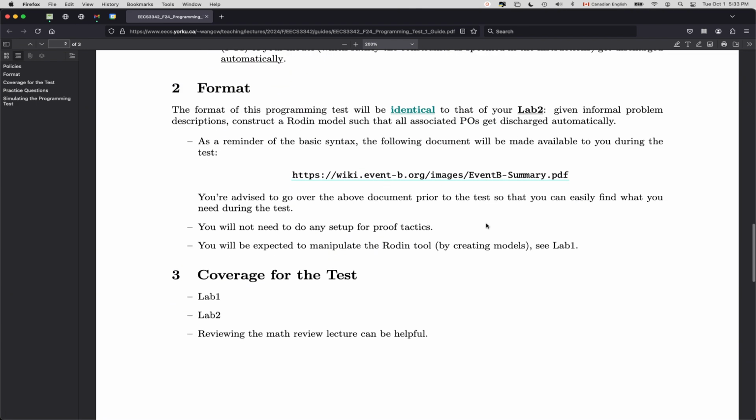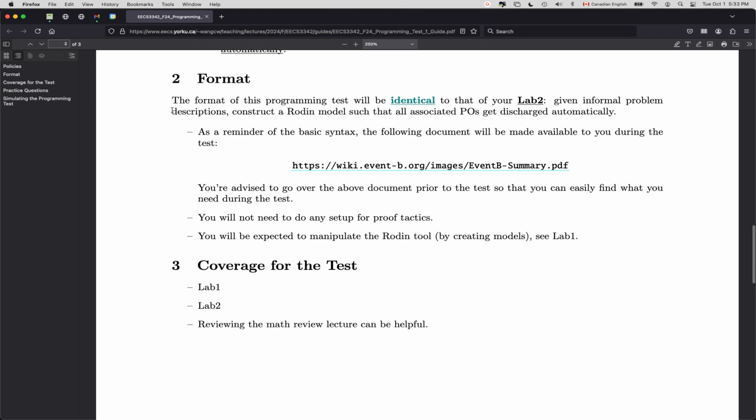Let me tell you right at the front, in terms of the text, because some of you were concerned about it, this will be your answer. You don't necessarily have to memorize all the ASCII syntax for the different relational, set, or functional operators. So this will be the document I'm going to make available to you. Most likely, I'll put it on the desktop or maybe the home directory when you log in to the machine during the test.